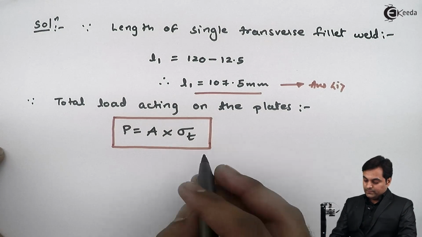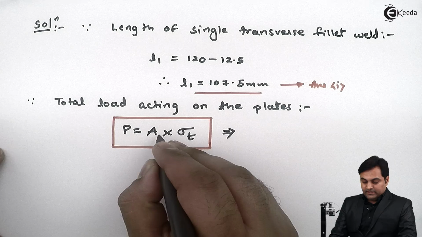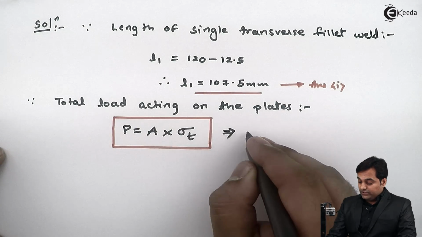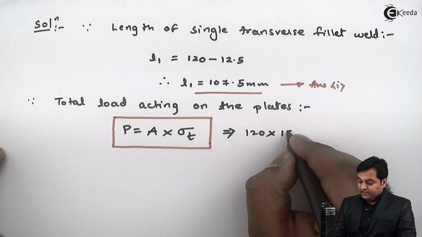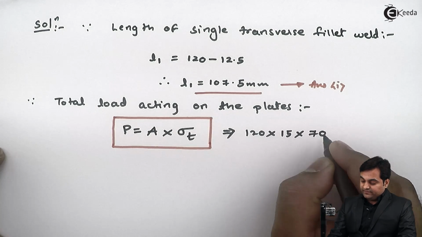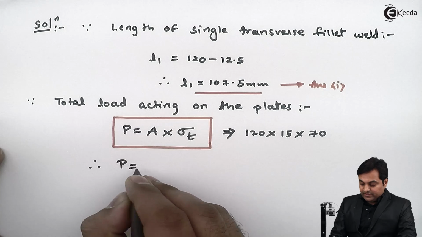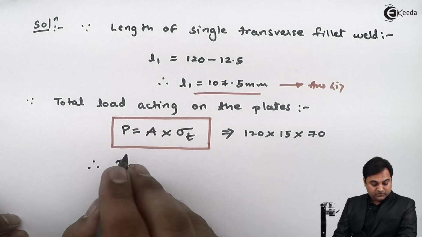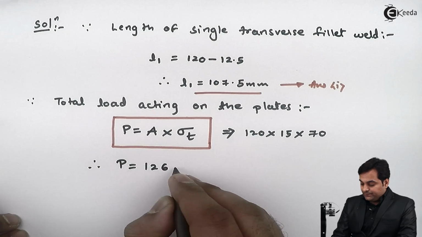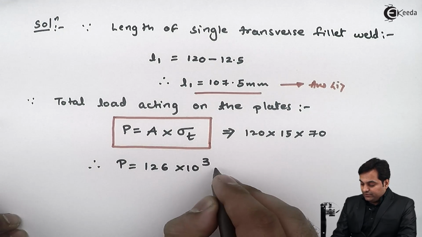Next, from this, area width is 120 and then the thickness is 15, sigma T is 70. So here I get the answer of total load, which comes out to be 126 into 10 raised to 3 Newton.